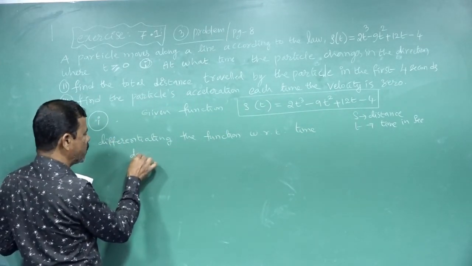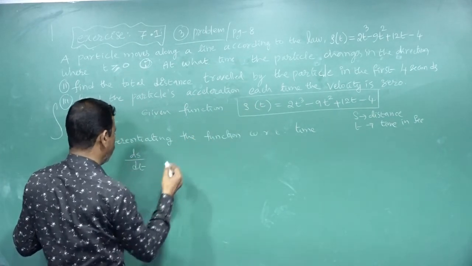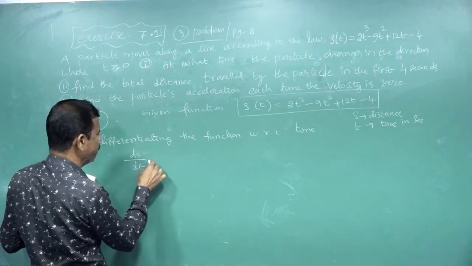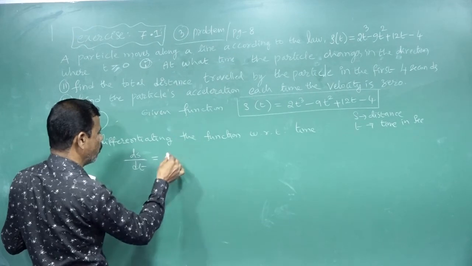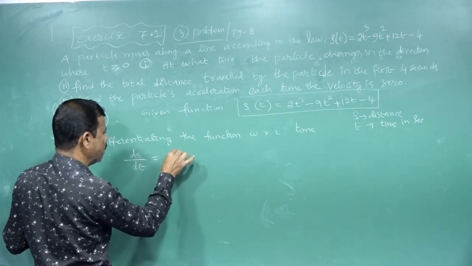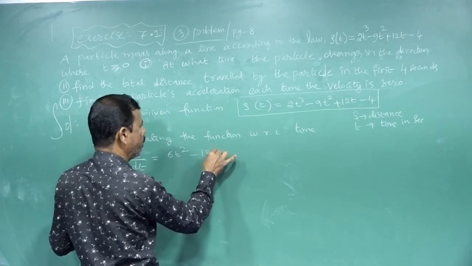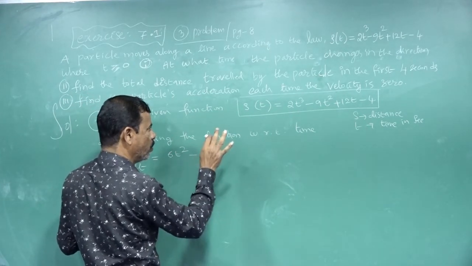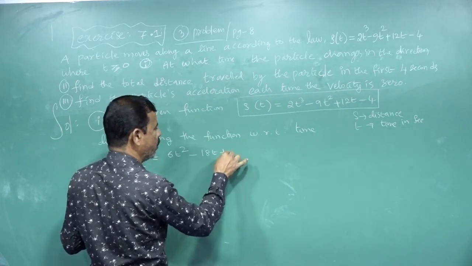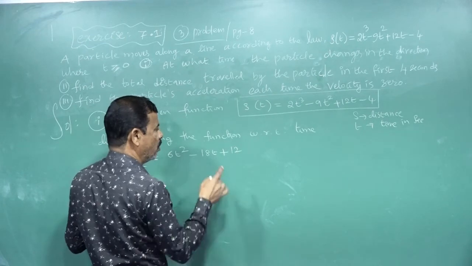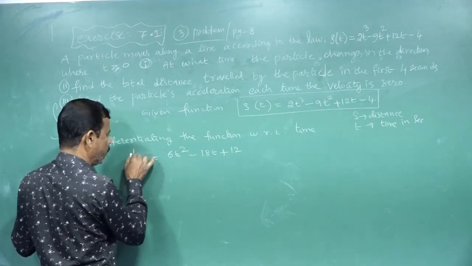So ds by dt is equal to 2t cube, differentiation of t cube is 3t square, so 6t square, minus 9t square gives 18t, t square derivative 2t, 2 into 9, 18, minus 18t plus 12t, 12 only, and the derivative of 4 is 0. This is ds by dt, the first derivative.